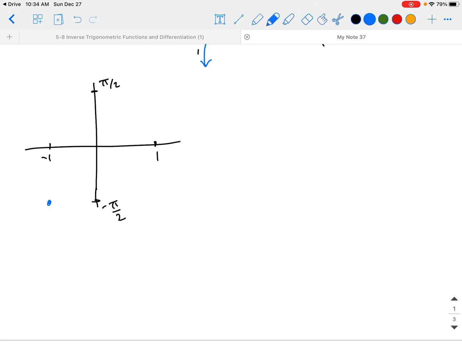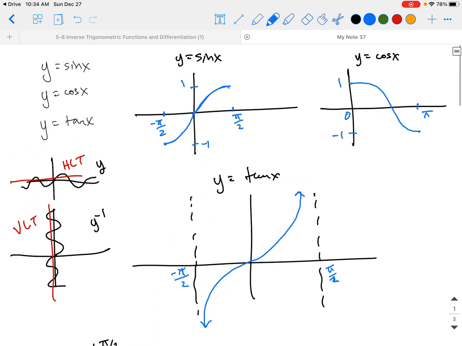So we know that -1 is going to pass through negative pi over 2, and 1 is going to pass through pi over 2. And then what we're going to end up with is this kind of reversed function from the original. So note, it's going to be a reflection of the sine function about the line y equals x. Those are our inverse functions. It's just reflections.